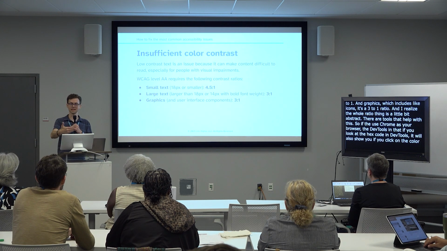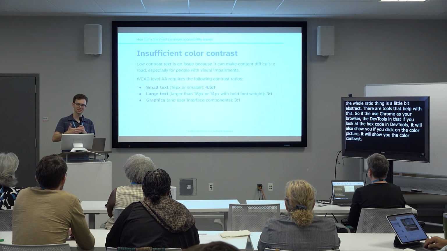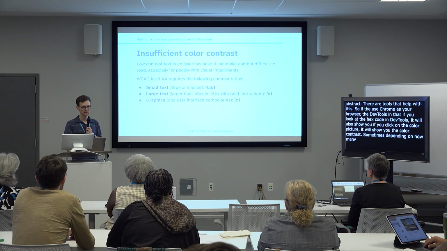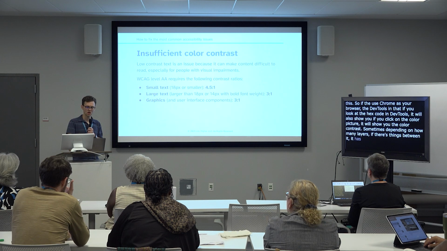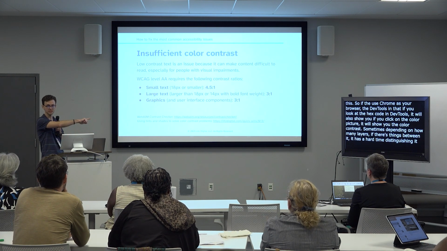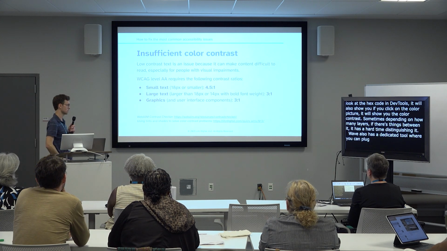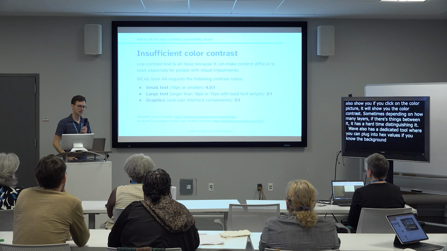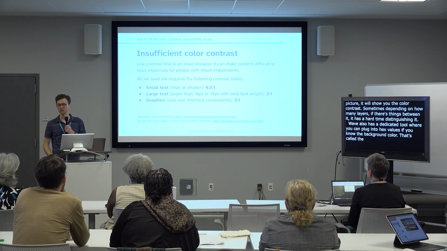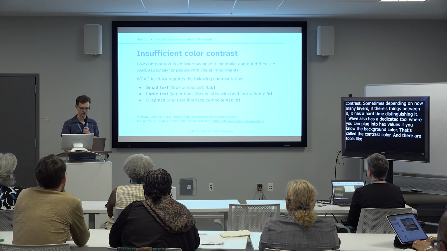Sometimes, depending on how many layers back the text is from the background, if there's things in between that, it has a hard time distinguishing it, but it's a tool that you can use. WAVE also has a dedicated tool where you can plug in two hex values if you know your background color and your text color. That's called their contrast checker. And then design tools like Figma have plugins that you can download as well that help to show what the contrast ratio is.